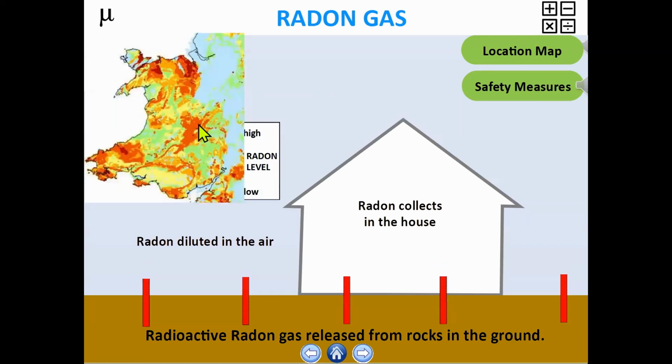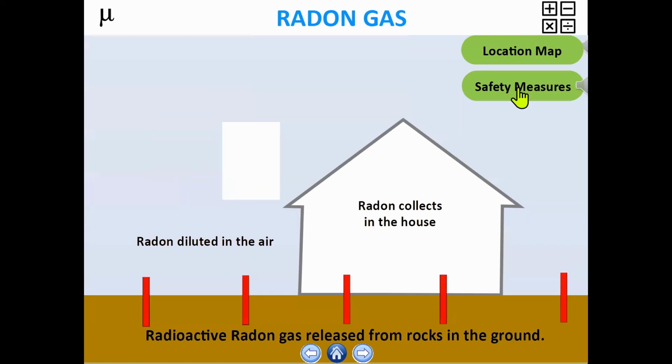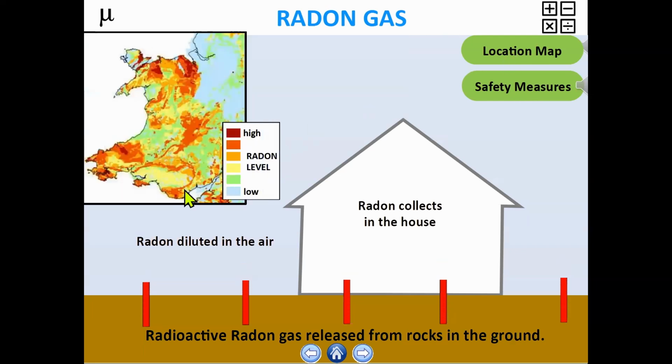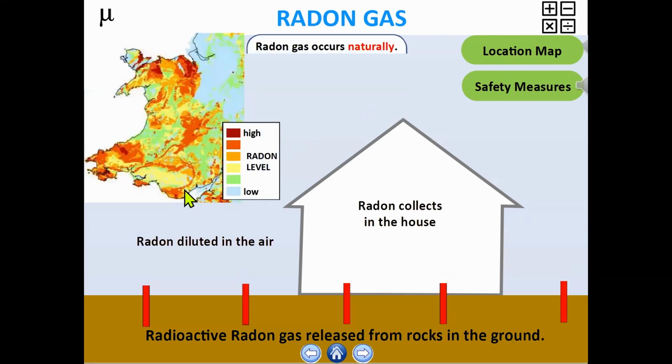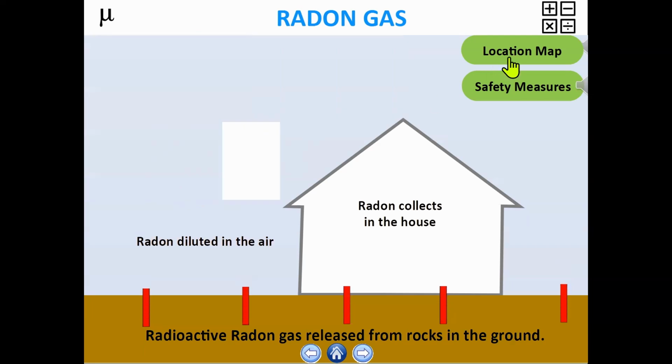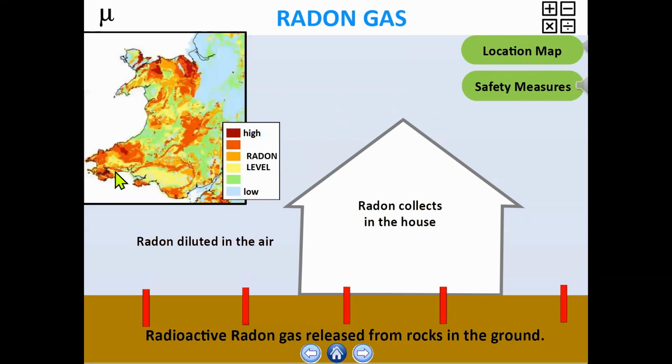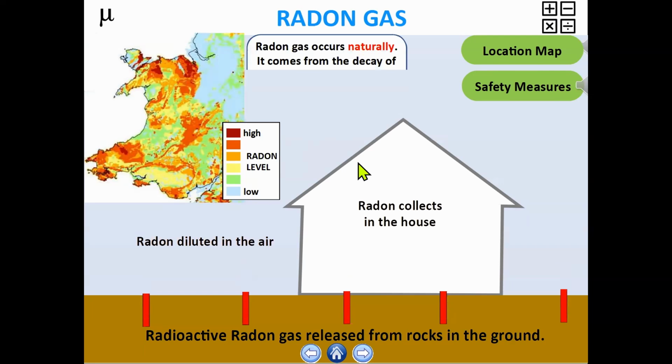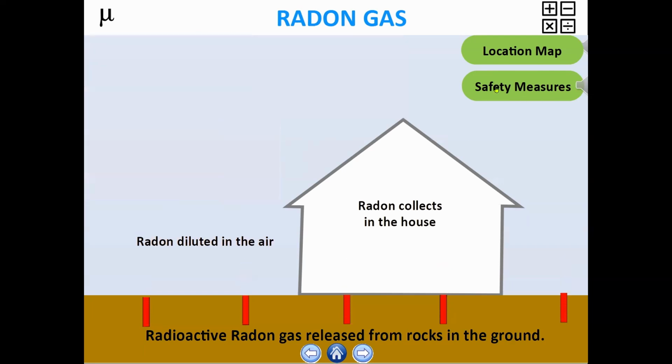But yeah, where there were sort of mining towns and things like that, and old mines. Obviously, just natural geology as well. It's not just about mining. But you know, if you're on the coast, if you're in these areas here, then you should probably get testing for radon gas. Now, one of the measures that you can do is to seal the floor.